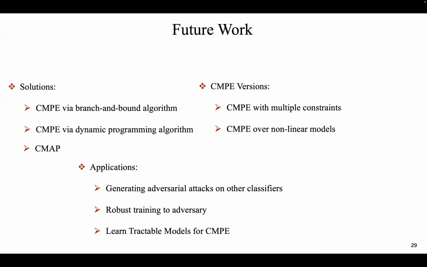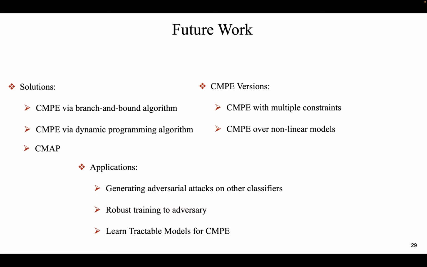In our current work, we only looked at linear classifiers. And finally, we are trying to learn tractable models specifically for solving CMP tasks more accurately, right? So go beyond the so-called simple optimization task and simple summation task that we have looked at in the tractable models community, and move to more complicated constraint optimization tasks for tractable models. Okay, so that's my talk, and hopefully I finished on time.